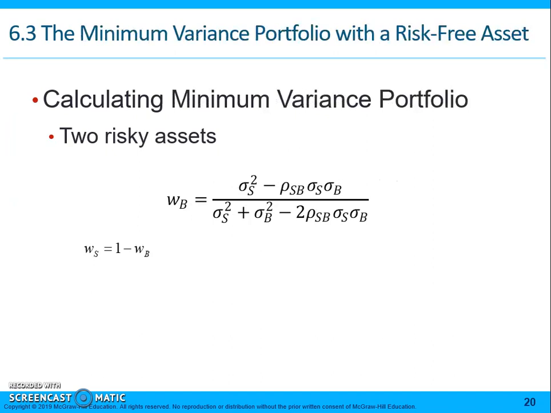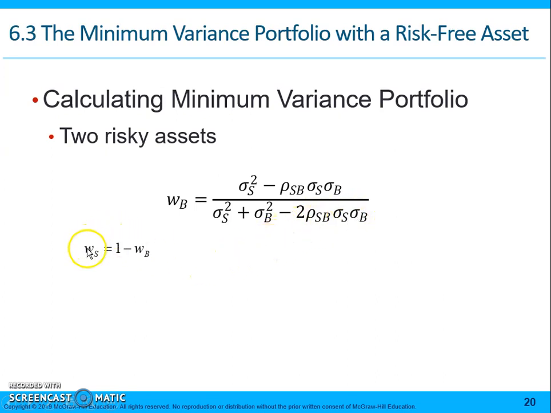We saw previously the minimum variance portfolio. For the minimum variance portfolio, the weight in bonds is the variance for stocks minus the covariance for stocks and bonds, or the correlation coefficient for stocks and bonds multiplied by the standard deviation for stocks and the standard deviation for bonds, and all of that divided by the variance for stocks plus the variance for bonds minus 2 times the covariance for stocks and bonds, or 2 times the correlation coefficient multiplied by the standard deviation for stocks and the standard deviation for bonds.